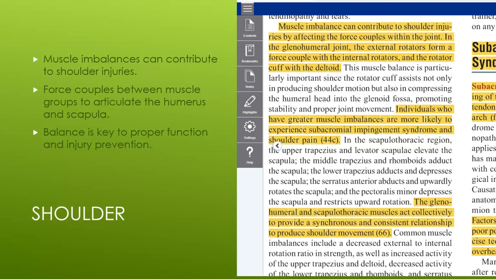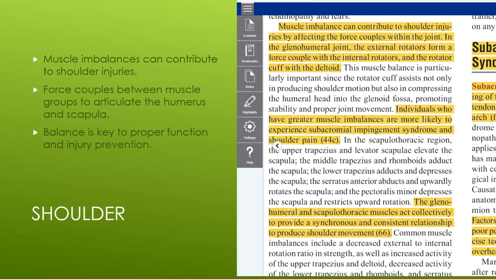Then further down, the GH and scapulothoracic muscles act collectively to provide a synchronous and consistent relationship to produce shoulder movement. Now, I highlight these because the book itself makes it a point to reflect upon these later on. But I will tell you, each one of these is categorically correct.